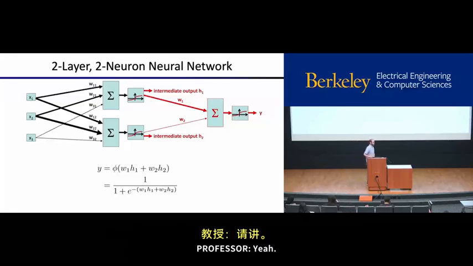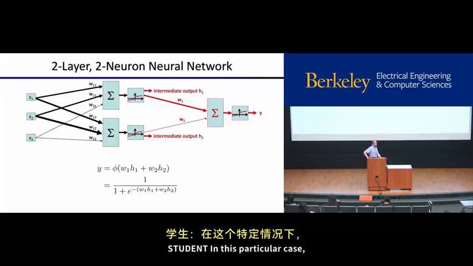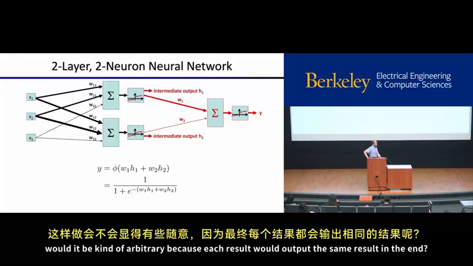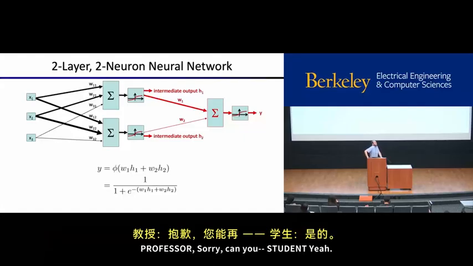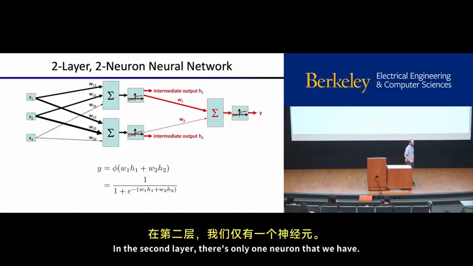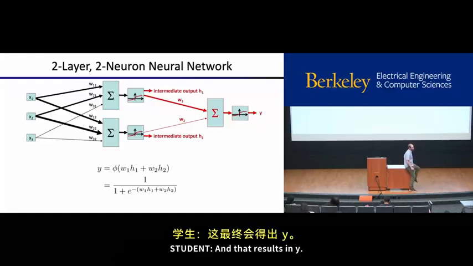In this particular case, would it be arbitrary because each result would output the same result in the end? As in, in the second layer, there's only one neuron. Yeah, and that results in y.